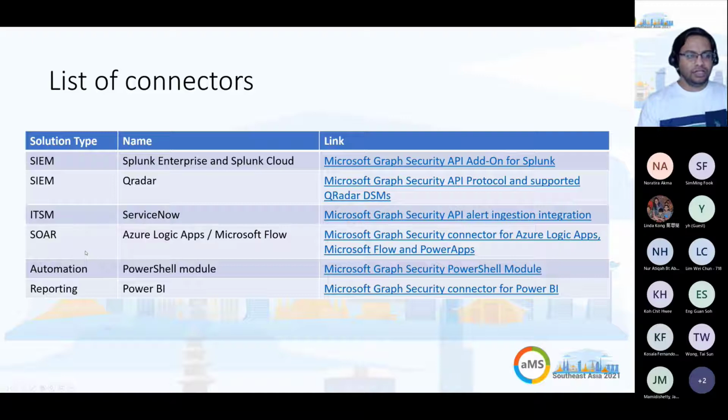The SOAR platform, which is the Sentinel, uses Azure Logic Apps and Microsoft Flow, or Power Automate now. The old name still exists in the documentation, so I just kept that. On the automation side, you can use the PowerShell module. Microsoft Graph comes in the PowerShell SDKs. You can use them directly.